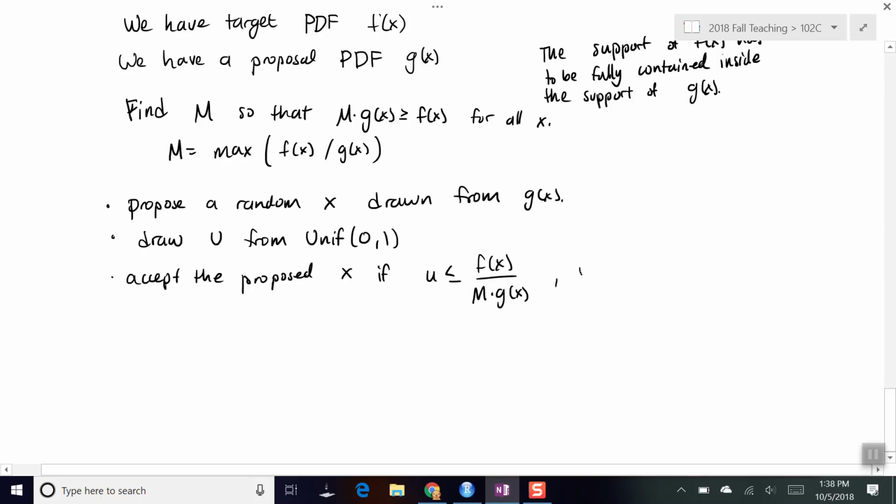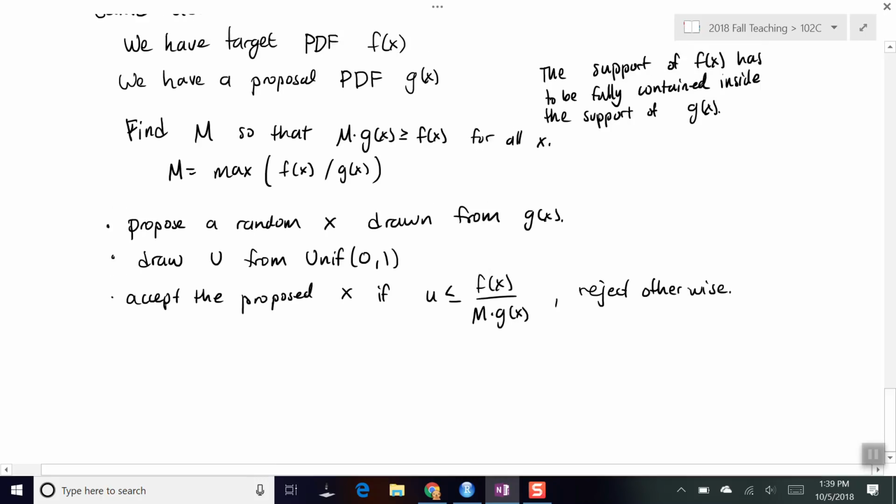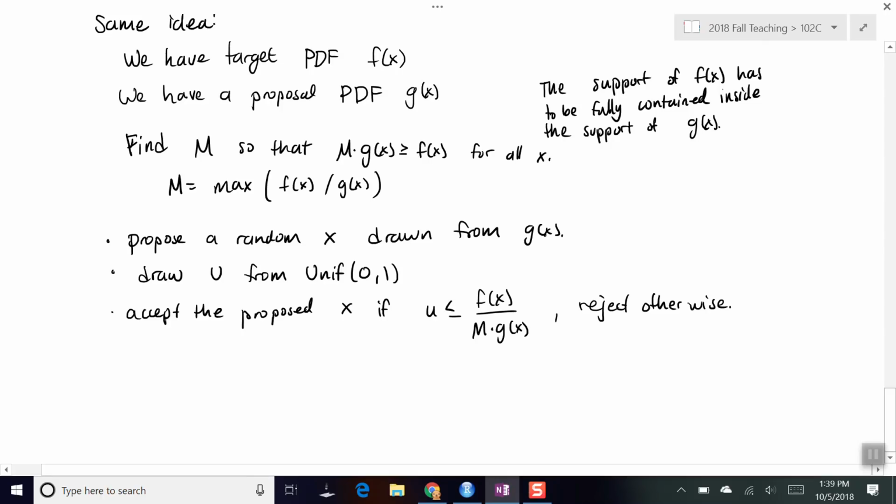Reject otherwise. So it's the same process. The only thing that's different is that the proposal PDF g of x does not necessarily have to be uniform.